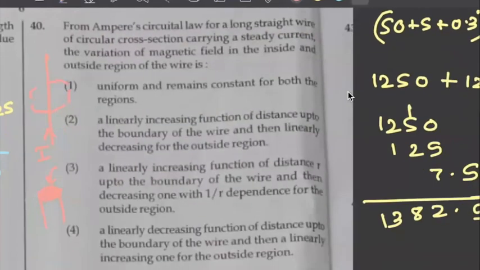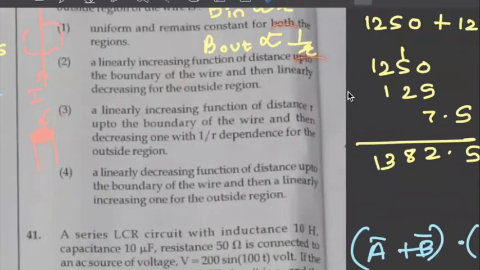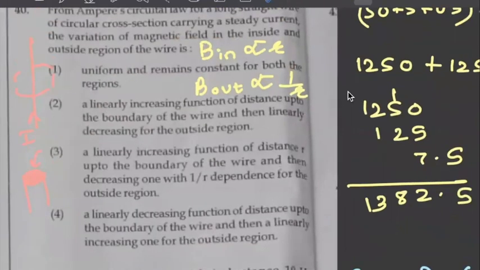So inside, I will say in a different color, see this one. B inside is proportional to the distance, and B outside is obviously inversely proportional to the distance, r or a, whatever you want to call it. Let's check this out now. Uniform and remains constant for both the regions. Obviously, no. It changes with distance. How is it the same? It doesn't remain constant. A linearly increasing function of distance up to the boundary, yes, because it's directly proportional.